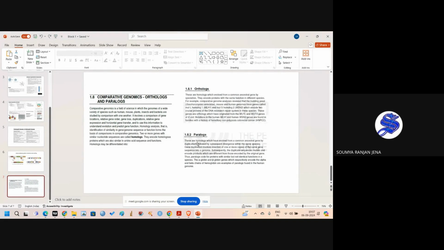Hemoglobin contains two alpha globin and two beta globin chains. The alpha and beta globin genes, which respectively encode the alpha and beta chains of hemoglobin, are examples of paralogs found in the human genome. These paralogs are duplicated genes that eventually diverged. This is called paralogs, and these are homologous genes.